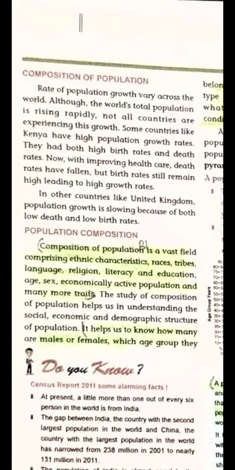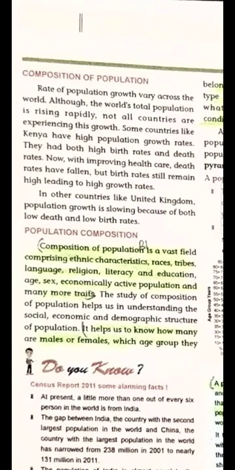Some countries like Kenya have high population growth rates. They have both high birth rates and high death rates. With improving healthcare, death rates have fallen, but birth rates still remain high, leading to high growth rates. In other countries like the United Kingdom, population growth is slowing because of both low death rate and low birth rate.